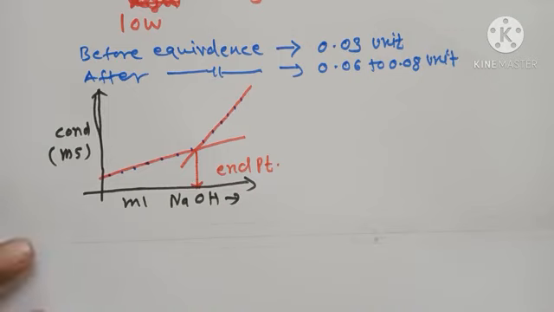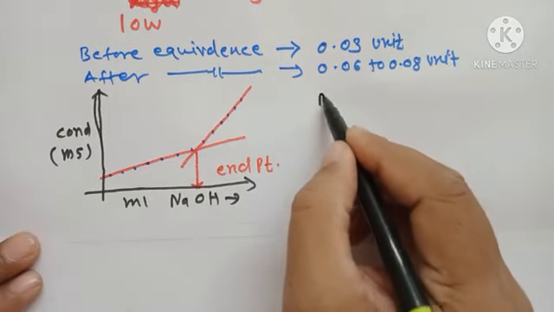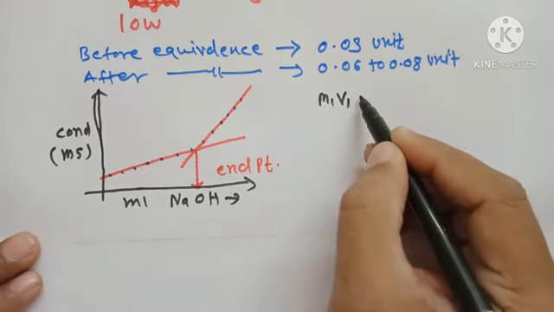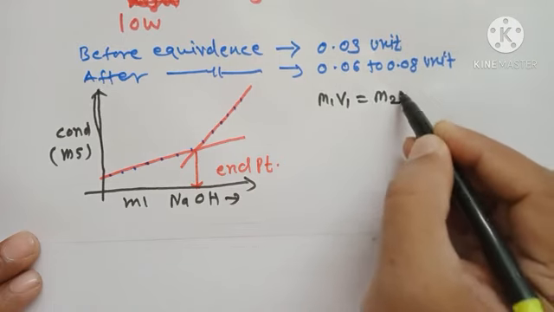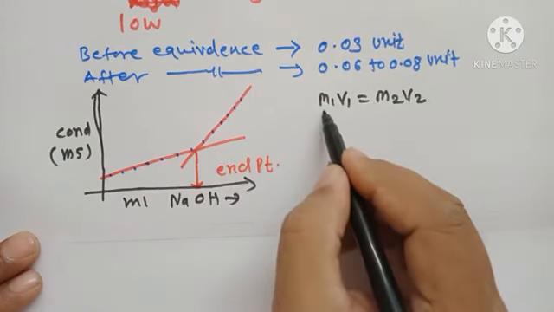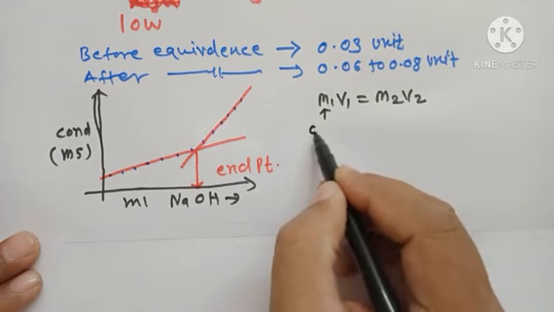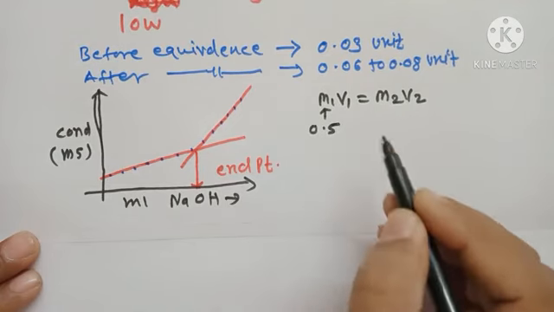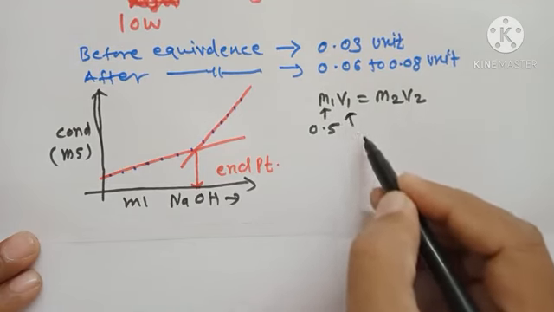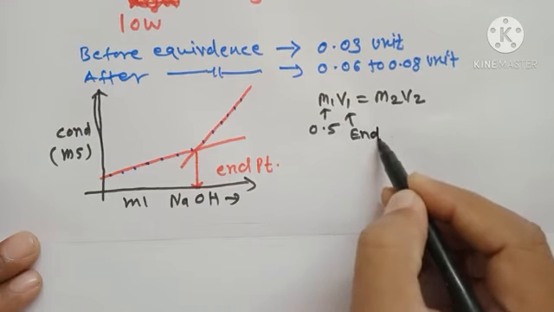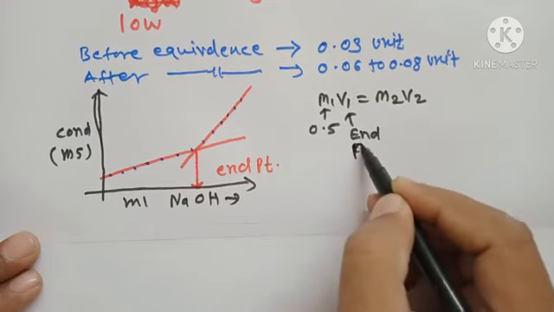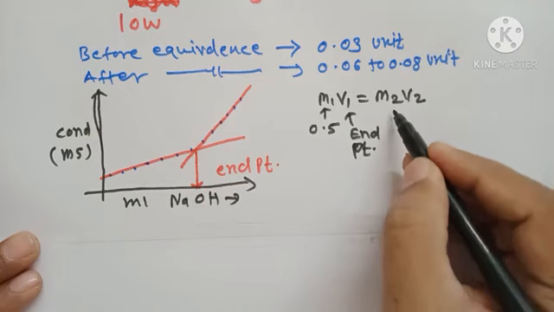You are familiar with the equation M1V1 = M2V2. What is known? M1 is known, the molarity of NaOH, 0.5. V1 is the volume of NaOH obtained from the graph, that is the end point of titration.